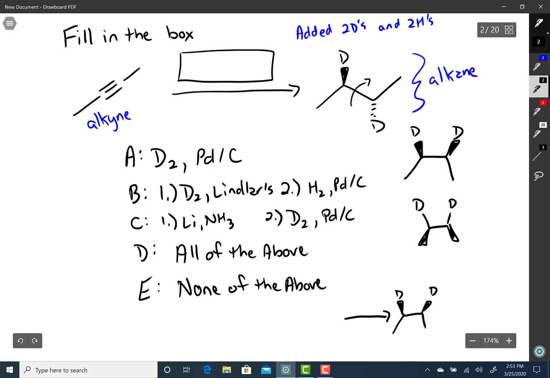So if you do so, the 2 deuteriums adding syn to each other, we would use D2, palladium on carbon. And our starting material would need to be an alkene, because if it was an alkyne, you'd end up with 4 deuteriums, not 2. And the way you draw your alkene is you start by drawing your lines exactly in the conformation shown.